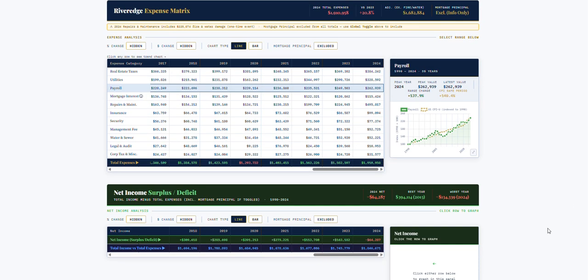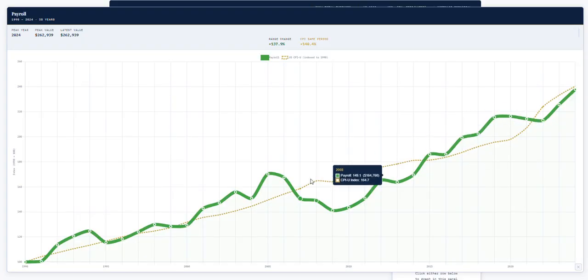So if you click it on, you'll notice here that you have a dotted gold line. It tells you that the payroll and related costs for the 3 people that work in our building very closely followed the Consumer Price Index over the last 35 years, which is pretty much what I would expect to see.